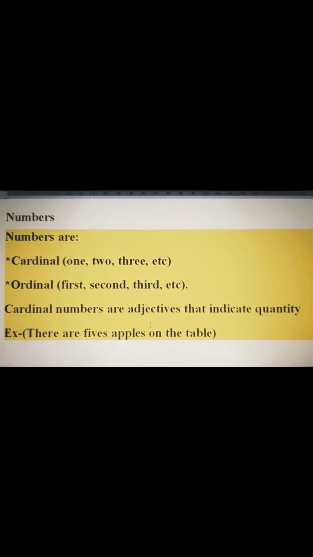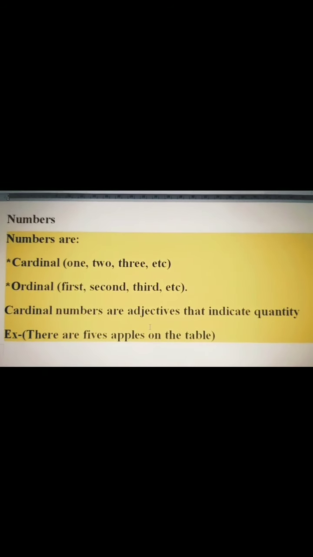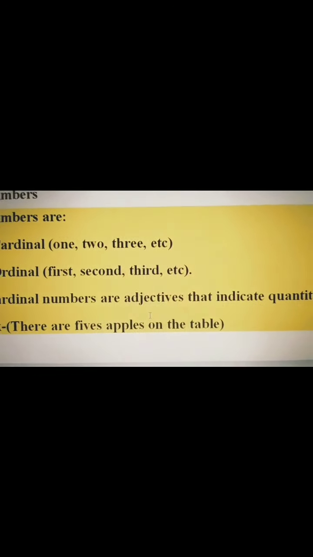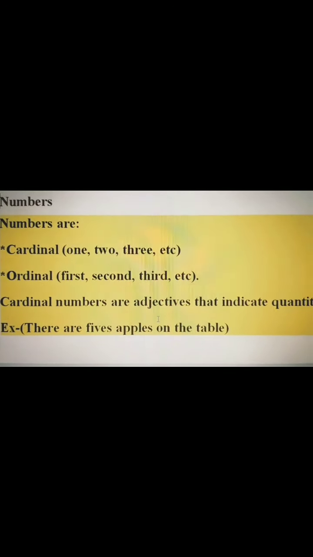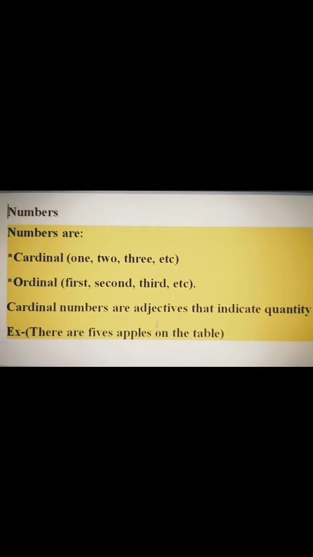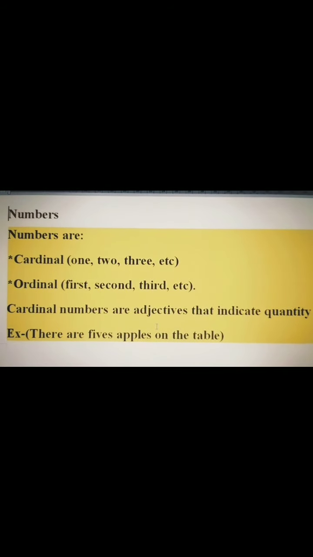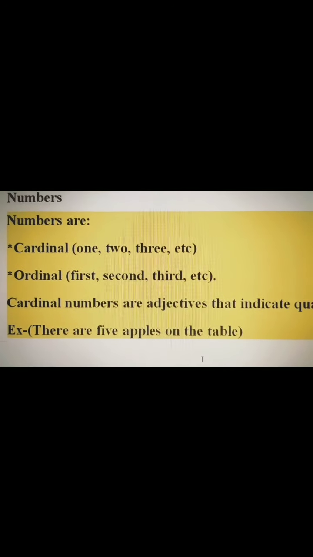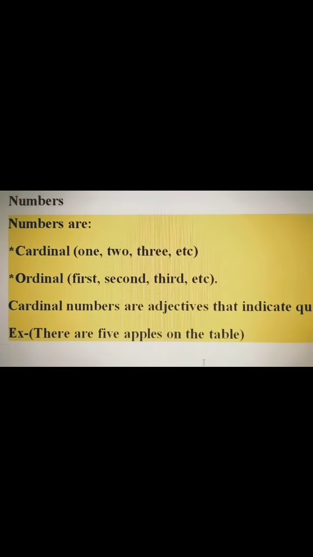Now we'll see the cardinal number. These are also adjectives that indicate quantity, telling about the quantity of a particular object you are talking about. So here we can see the example: there are five apples on the table.